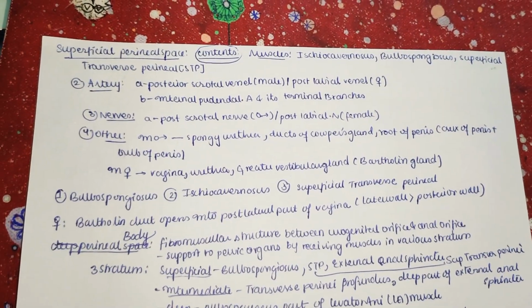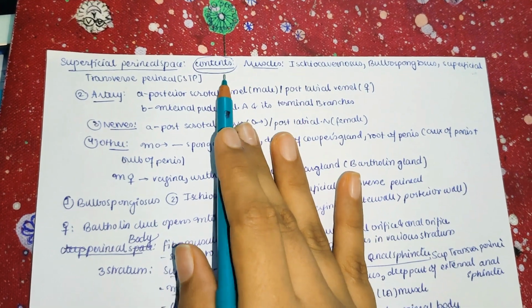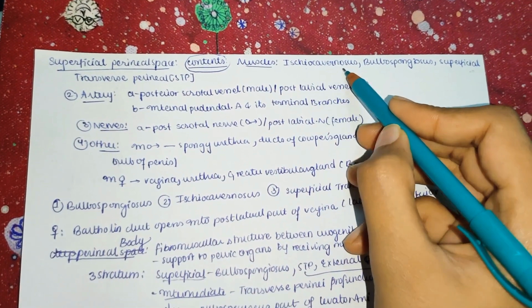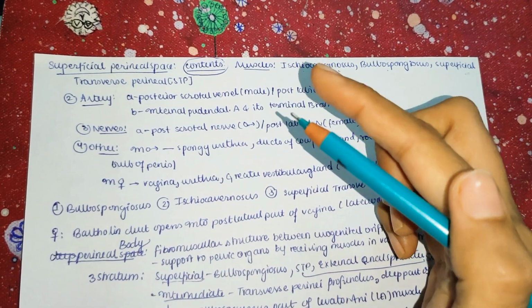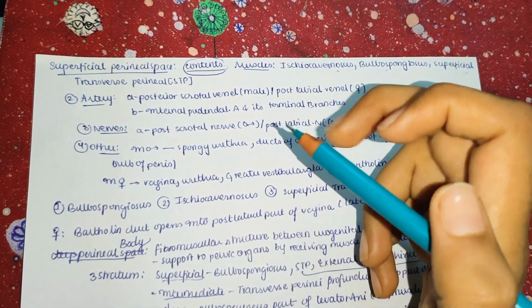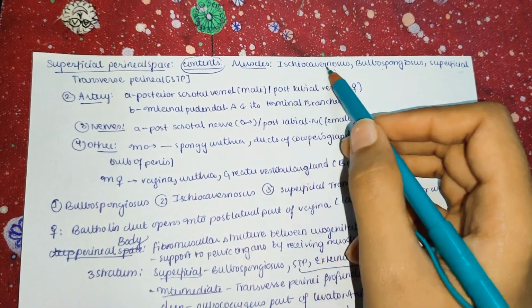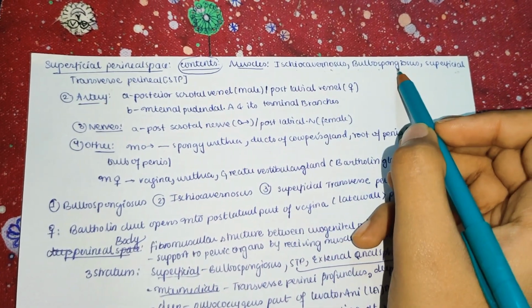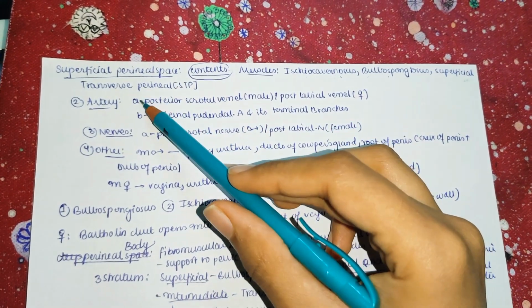We know that outside the perineal membrane, all is superficial perineal space. So what are the contents? Here you have the ischiocavernosus and bulbospongiosus muscles. In the deep space you have only the deep transverse perineal muscle and sphincter urethrae, right? But here there are different muscles like ischiocavernosus, bulbospongiosus, and superficial transverse perineal.